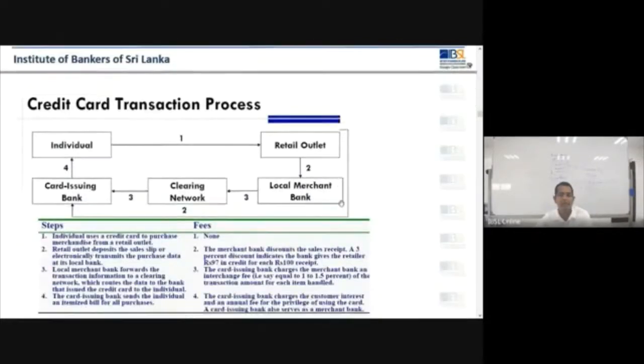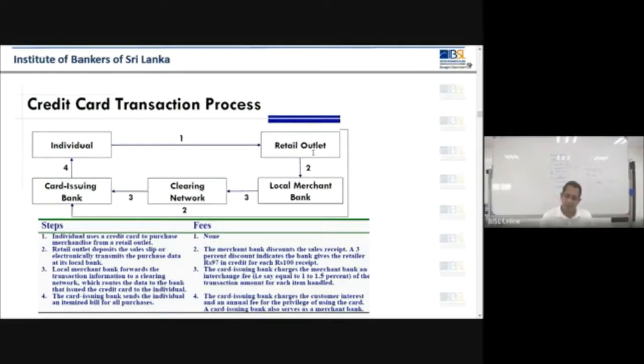This is the process. Right? You are here, the individual, that's you. You go to the retail outlet, that is House of Fashion. You buy the goods, give your card. If it is an NDB card and the cashier swipes that card on the POS machine, right?